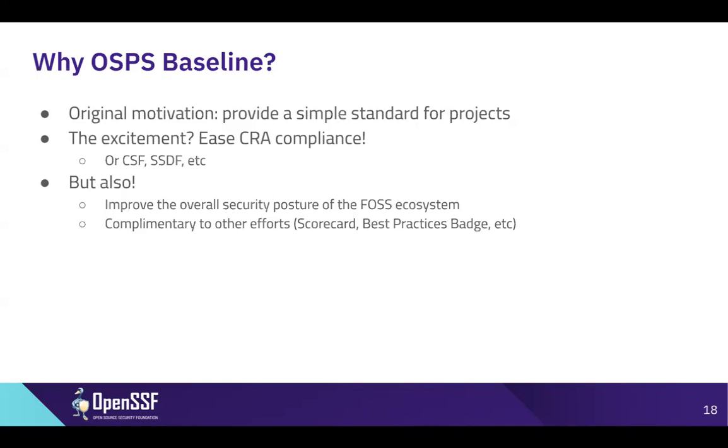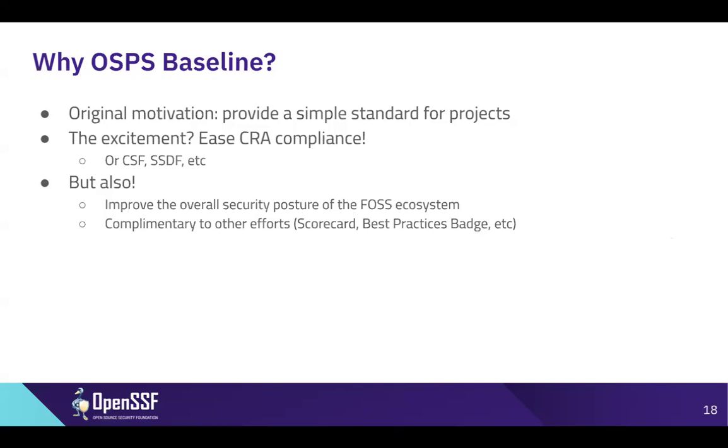What really got people excited is the idea that this could also help ease CRA compliance, because if we know the software we're consuming conforms with a certain baseline level, which maps to CRA requirements, or the software we're producing is at a certain baseline level, then we have a lot more confidence in our ability to meet requirements. But then also there's the whole idea of improving the overall security posture of the ecosystem, right?